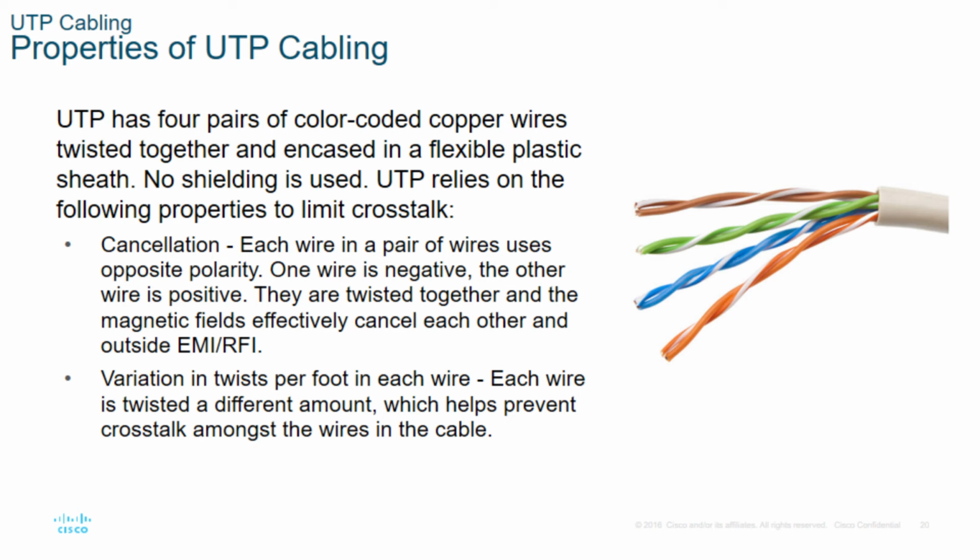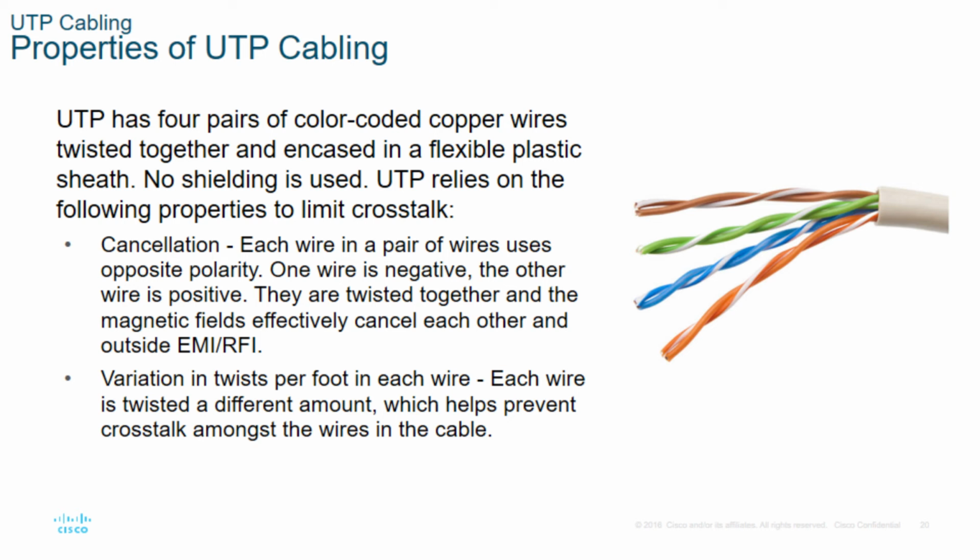Its small size can be an advantage during installation, and UTP cable does not use shielding to counter the effect of interference. Instead, cable designers have discovered other ways that they can limit the negative effect of crosstalk.